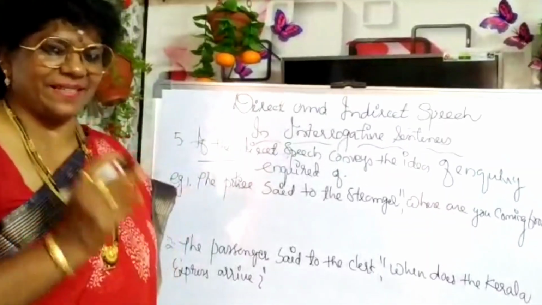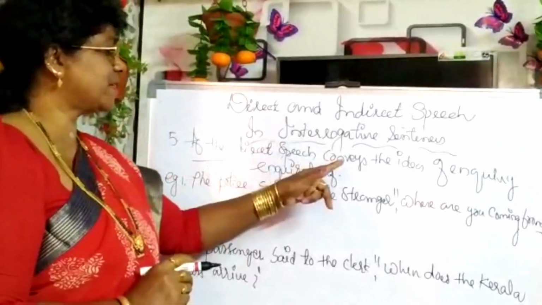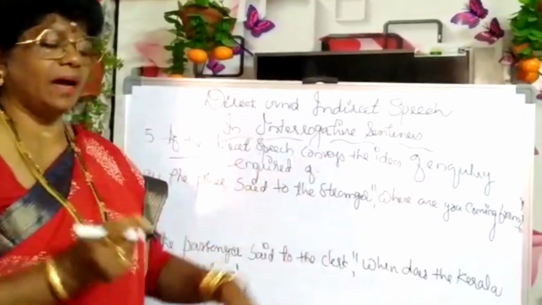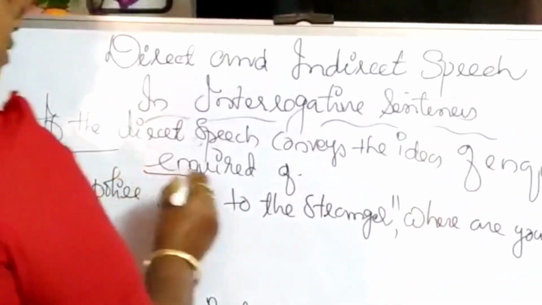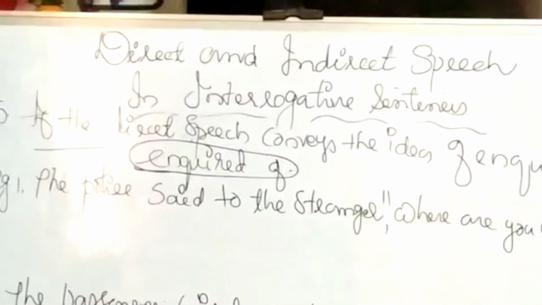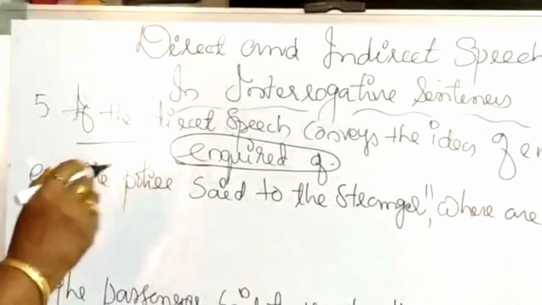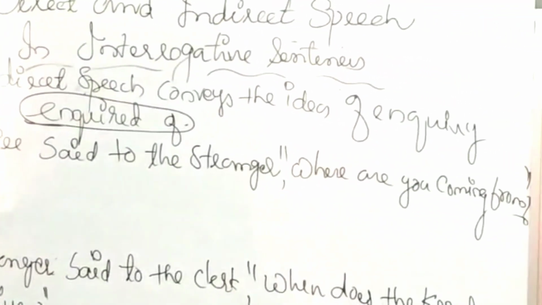Okay? Next category. If the direct speech conveys the idea of inquiry, what do we have to use? You have to use inquired of instead of asked. Example: the police said to the stranger, where are you coming from? How can we change this?